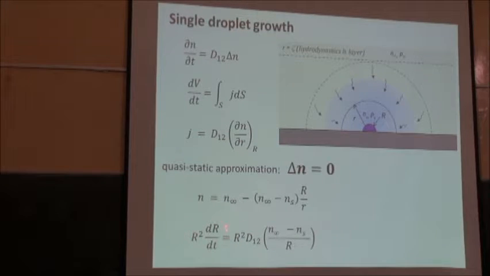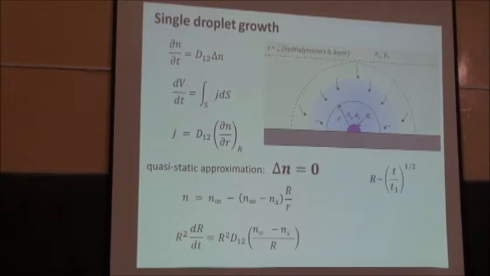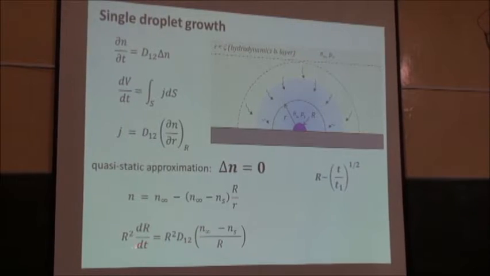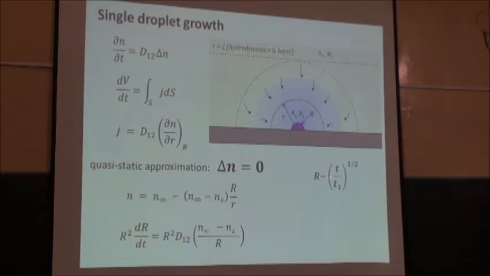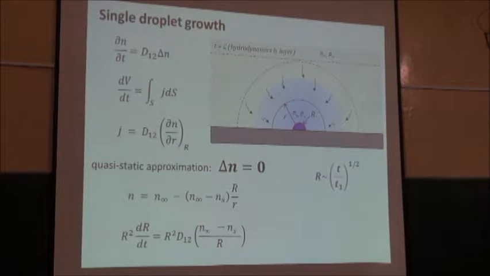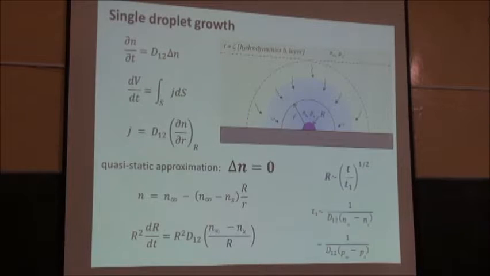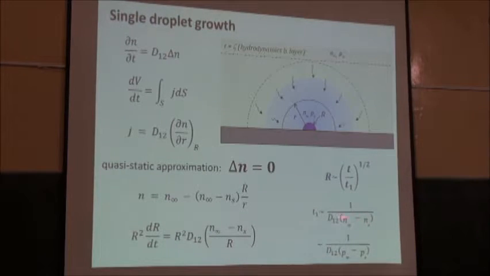Of course, there are some 2 pi over 3, etc., but I remove all these geometrical factors. And so you see that you get immediately, when you integrate this equation, r proportional to the square root of time, with a prefactor that depends on the supersaturation.